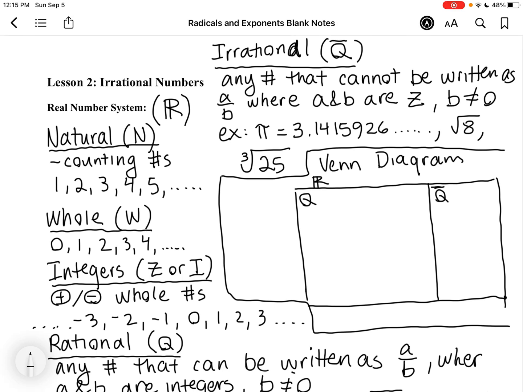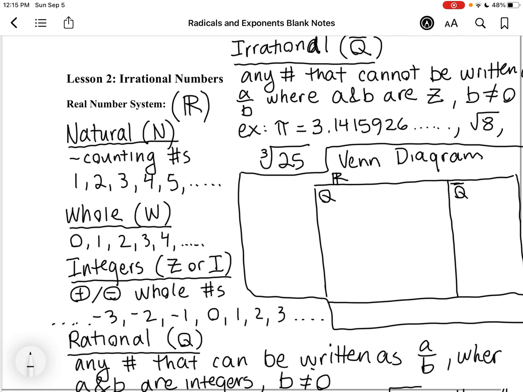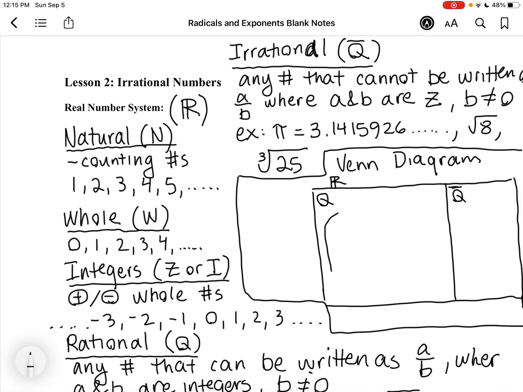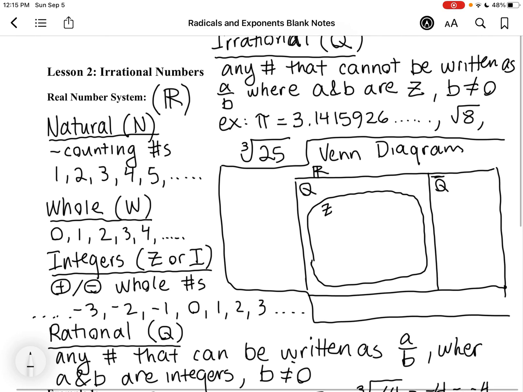Now within the rational numbers, we have more specific sets. So all integers are also rational. So they need to go in here. Integers can all be written as fractions, right? So these are the integers. Within the integers are all the whole numbers.